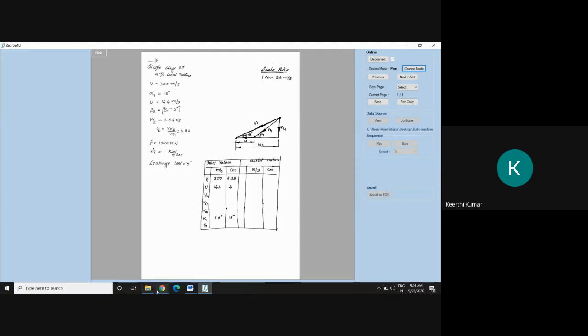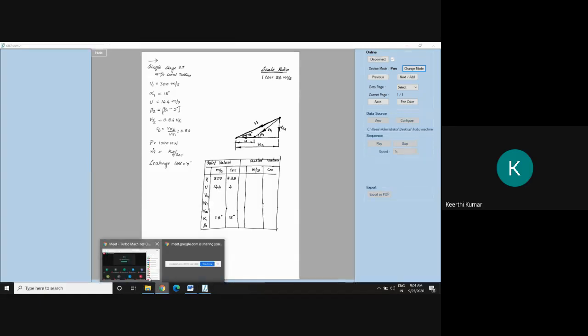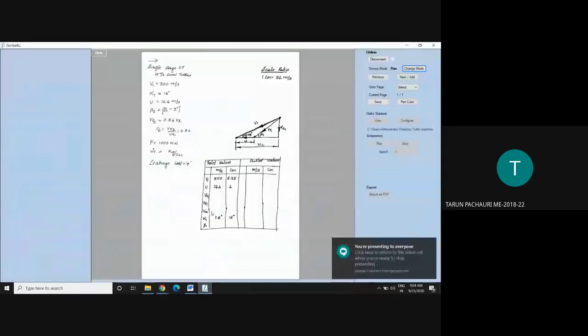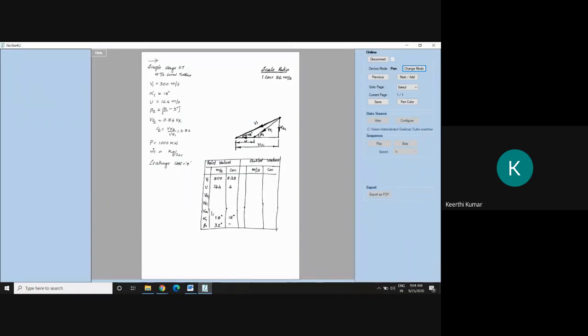Hello, others? I'll call the name. 32 degrees. Okay. I will go for the values you people tell. If it is a 1 or 2 degree difference from my answer, I will not let you know. I'll write down whatever values you told. If it is more deviating, then only I'll tell.